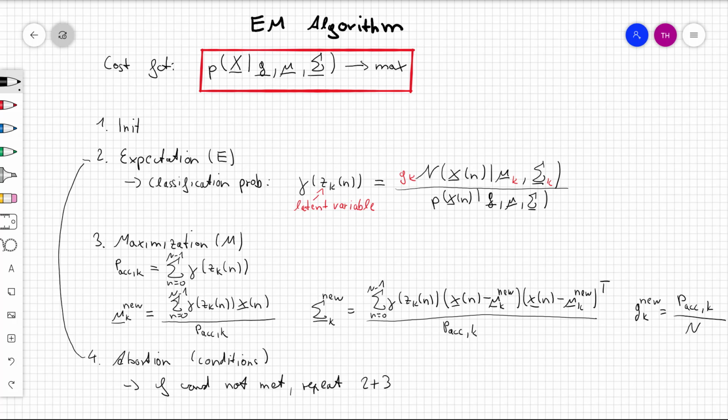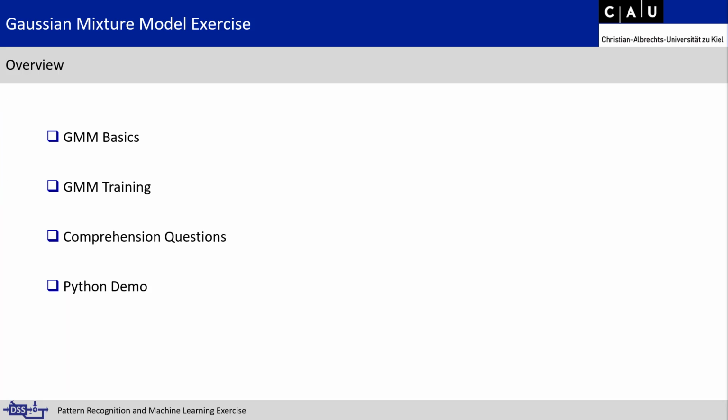So step 2, step 3, check in 4 for abortion conditions again, and then maybe go back to 2 and 3 and do this all over again until some abortion condition is met and we actually abort. And this is then the quick summary of the EM algorithm, the training of a Gaussian mixture model. And this concludes the Gaussian mixture model basics and review. Now let's move on to the comprehension question section.